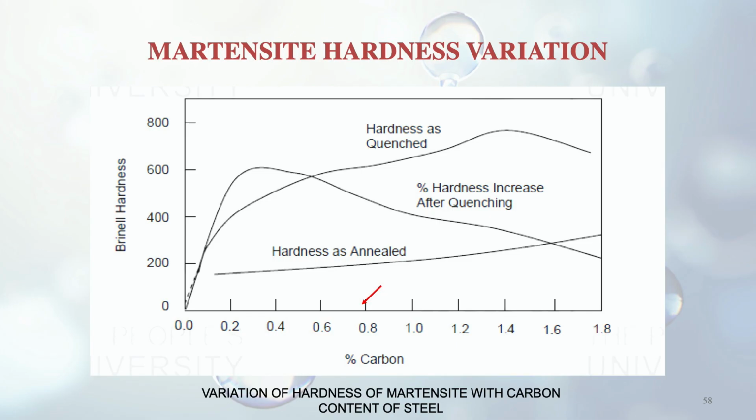It increases quite largely, and goes up to a certain percentage of carbon, 0.8% you can see. Then it stabilizes somewhat, and further it increases, and after that it comes down. Then you see the curve of the hardness as annealed, which is marked as hardness as annealed. You can see it's quite parallel to the x-axis. Only a slight increase is there after the 0.8% carbon.